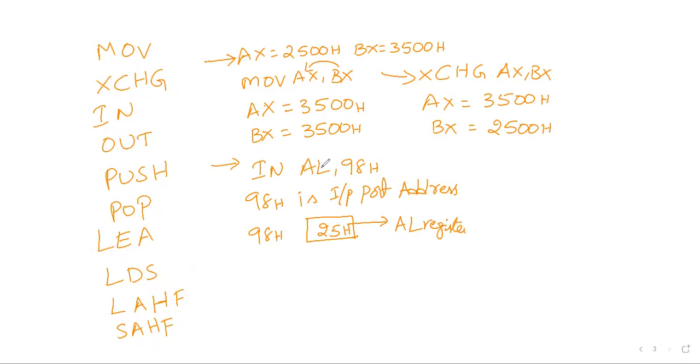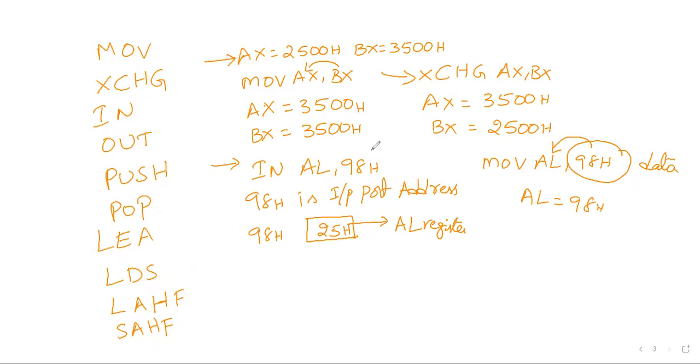Now a similar kind of instruction, for example if I write MOV AL, 98 hexa, in this MOV AL, 98 hexa, this 98 acts as immediate data. That data is directly copied into AL. That means AL becomes 98.